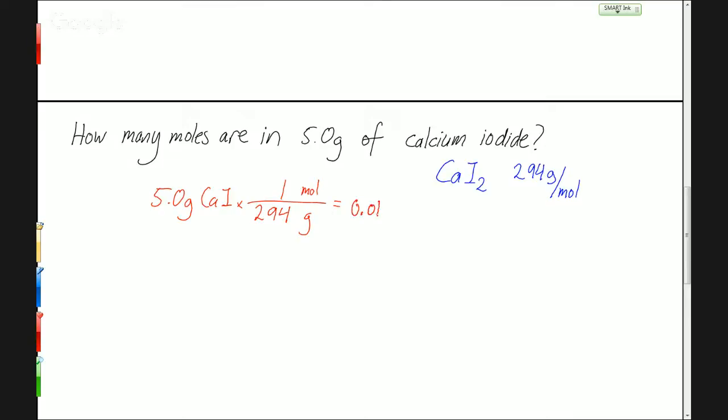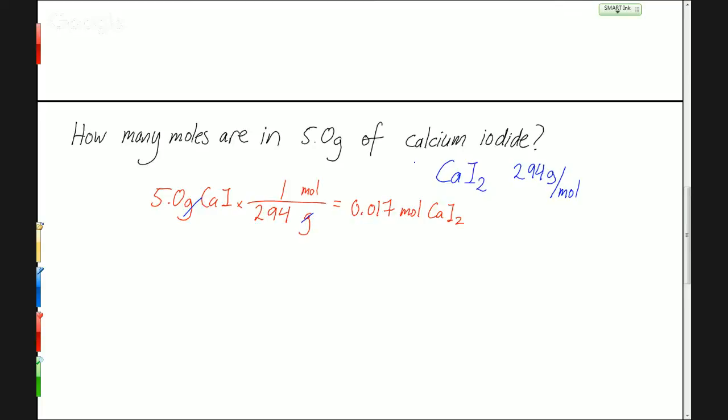So that's 0.017 moles. Grams cancel with grams, and we're left with moles. I think that's the number one mistake that people make in these problems, is flipping that, so multiplying by 294 instead of dividing by 294.